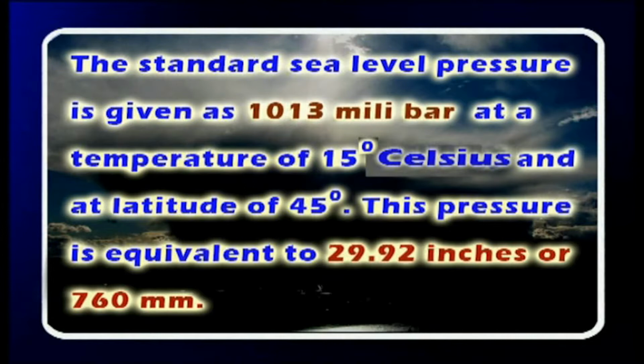This pressure is equivalent to 29.92 inches or 760 millimeters. The millibar is a force equal to 1000 dynes per square centimeter, and a dyne is a unit of force approximately the weight of a milligram.